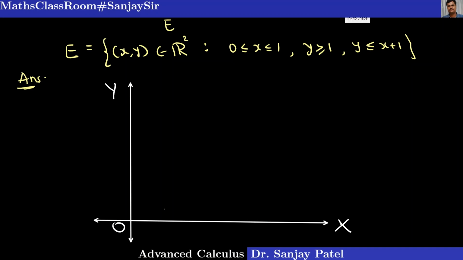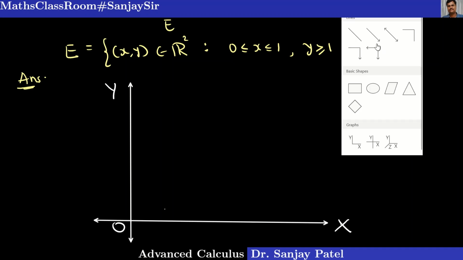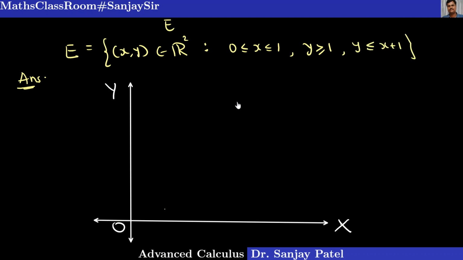Let me take this line, suppose this is the line x is equal to 1. So this point is 1 comma 0. 0 is less than or equal to x less than or equal to 1. So x lies between these two, and y is greater than or equal to 1. Where is y equal to 1? Suppose 1 is somewhere here, that means this point is 0 comma 1.